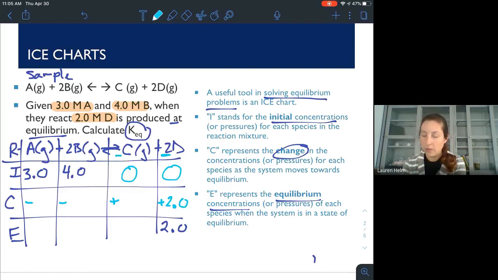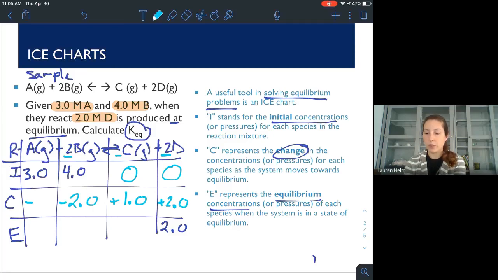Well, what's our ratio between D and C? For every 2 D, there's 1 C. So if D increased by 2 moles, C will increase by 1 mole. If D increased by 2 and B has a coefficient of 2, so that's a 2 to 2 or 1 to 1 ratio, then that means B would have decreased by 2.